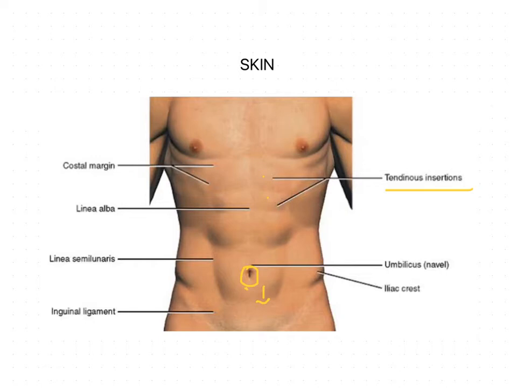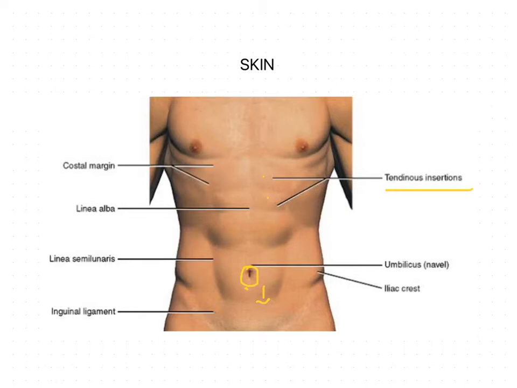Okay. So now we will see some of the anatomical importance of this umbilicus. This umbilicus acts as a watershed with reference to the lymphatic and venous drainage. That means it forms the plane of the umbilicus.